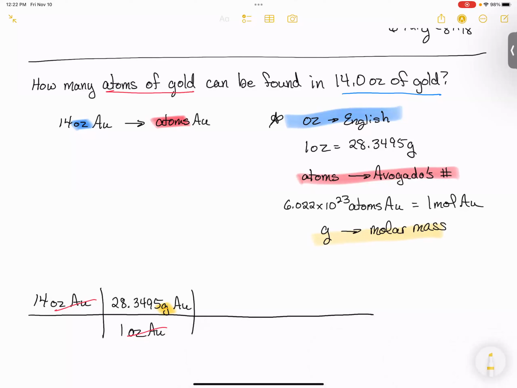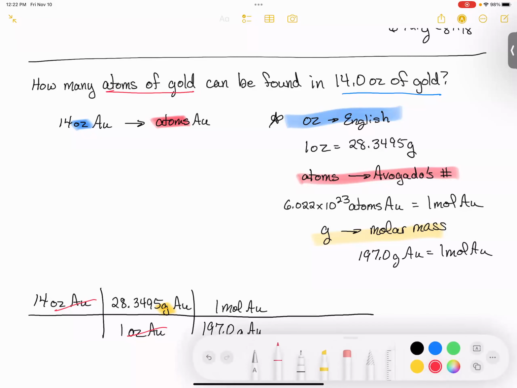The molar mass of gold is 197.0 grams of gold is equal to 1 mole of gold. I'll place the gram portion in the denominator and the mole portion in the numerator.